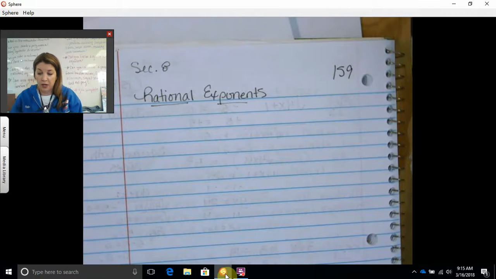Also, what makes a radical equation is if you have a rational exponent. So you may not see a radical at all, but if you have an exponent that's rational, that means a fraction in simplest form, then we can turn that into a radical equation. And so that's also considered a radical equation, all right?